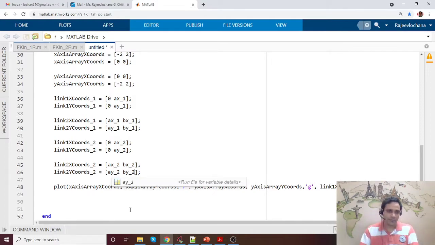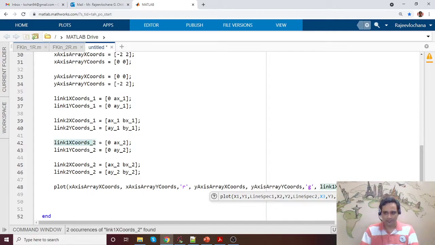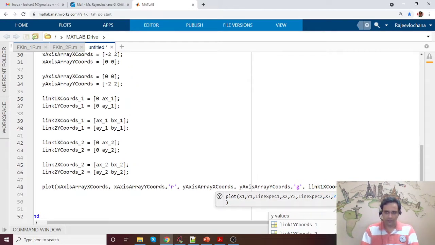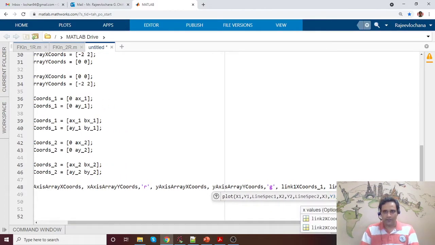I am doing copy paste, but sometimes when we do copy paste we end up making mistakes. Now this plot will have link 1 x coordinates underscore 1 and similarly link 1 underscore 1 like this. Okay, so this is going to draw the first solution.